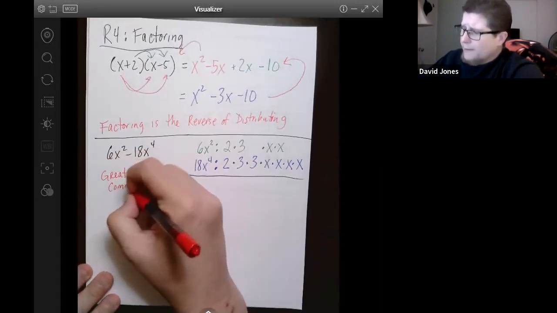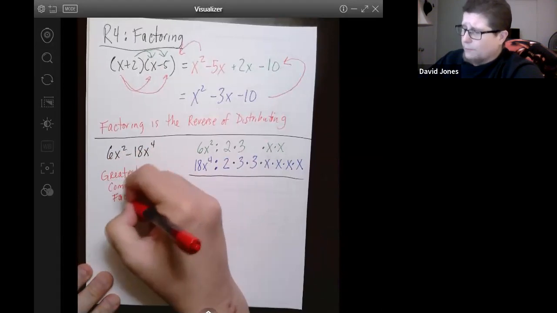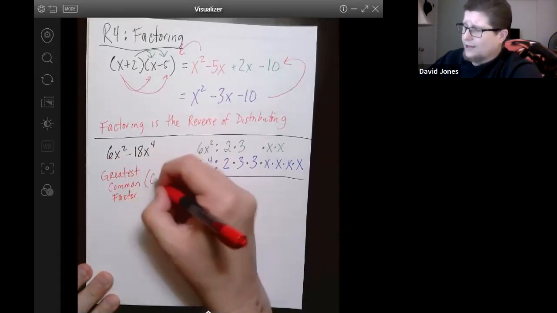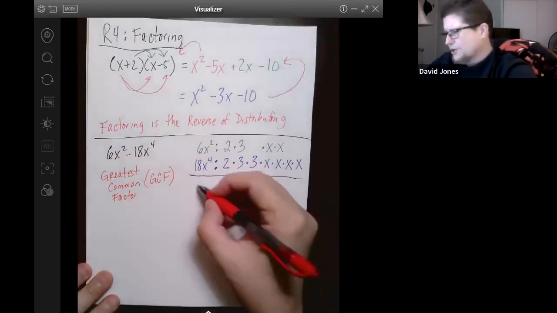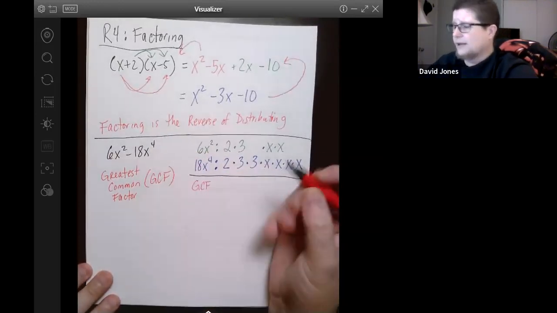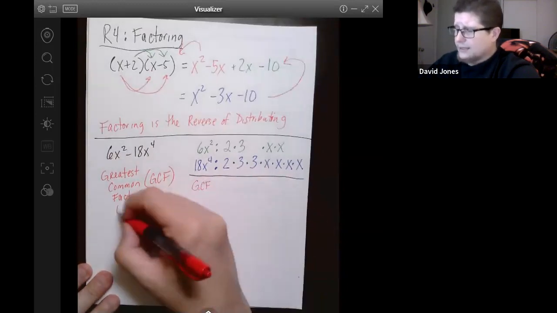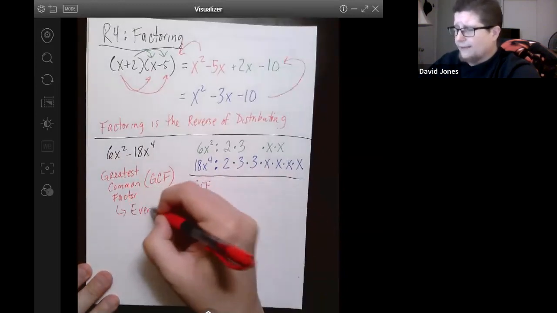The greatest common factor is frequently abbreviated. In fact, I don't know of any other one, GCF. So the GCF is everything with a completely filled column.